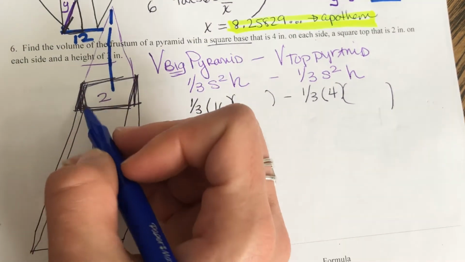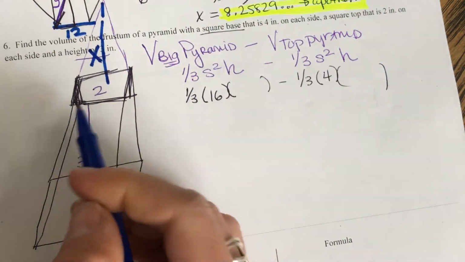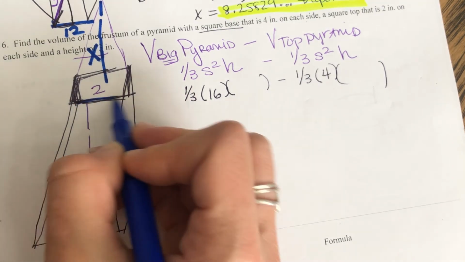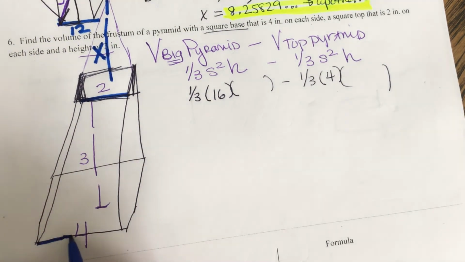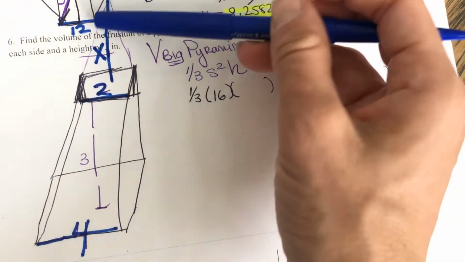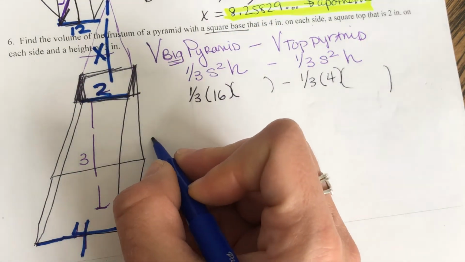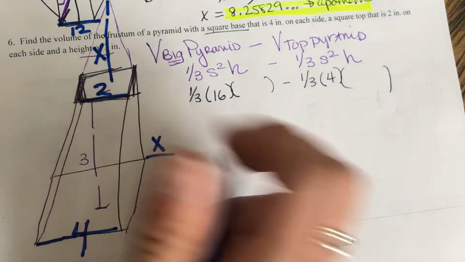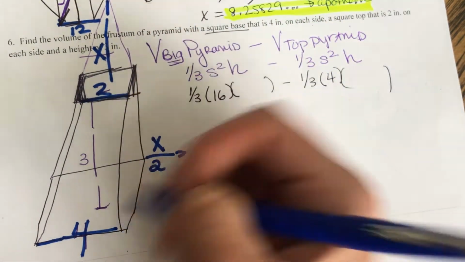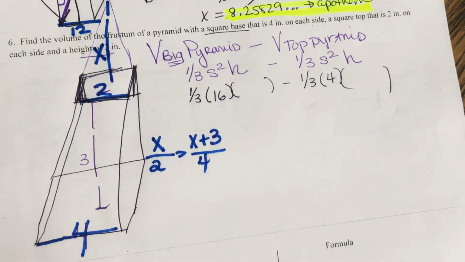You're gonna set up the same proportion. I'm gonna put an X here. If you wanna use your apothems, you can, obviously half of the numbers, but as long as you stay with the same comparison, in this case, you can use the sides. So I'm gonna do X over 2, using my side, make my life easier, equals X plus 3 over 4.